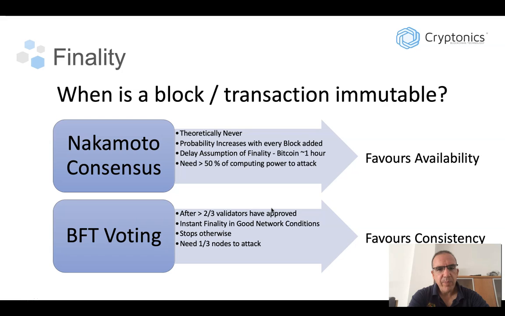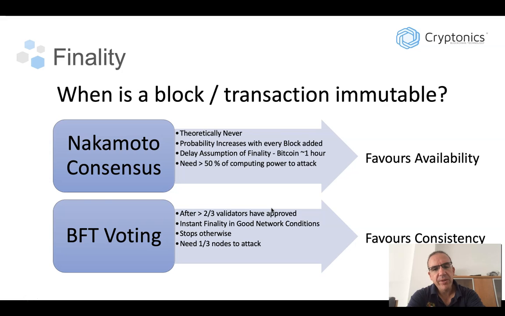The probability that a block will not be undone increases with every block added, but it's never zero, mathematically speaking. So this means we have to have a delay before we can assume a block is final, a transaction not being undone.